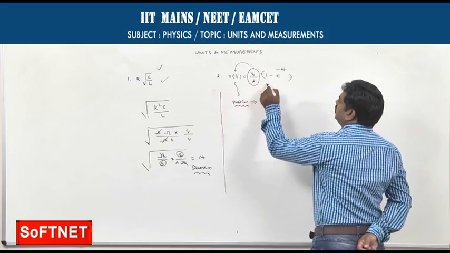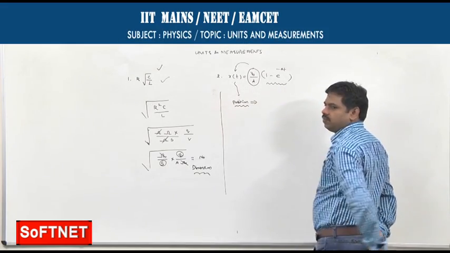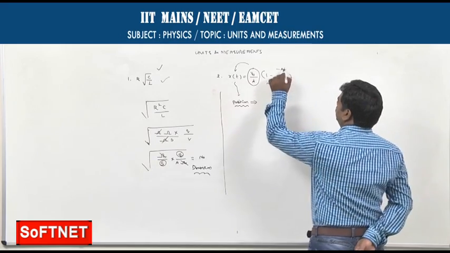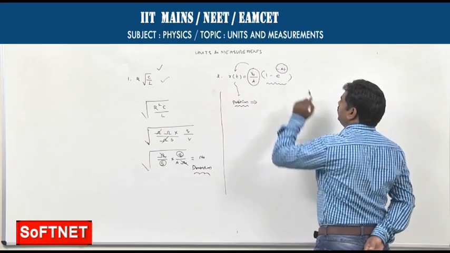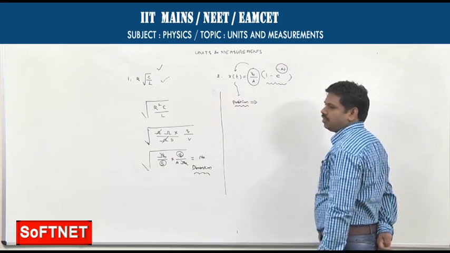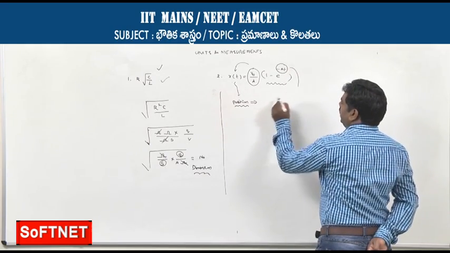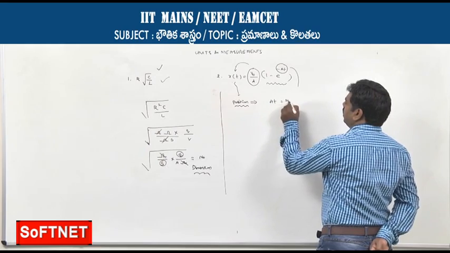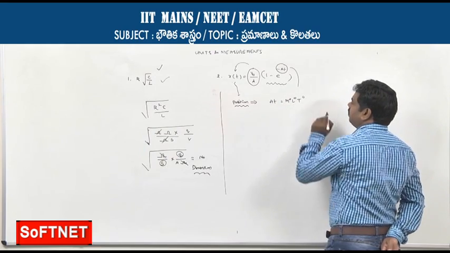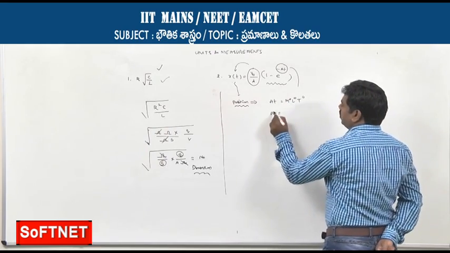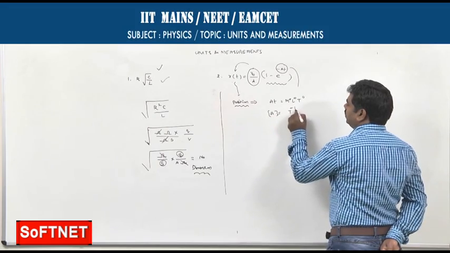Why? Because the bracket term is dimensionless. And moreover, the power of the exponential, At, also should be dimensionless. So as At should be dimensionless, M0 L0 T power 0, the dimensions of A you will simply get as T inverse.